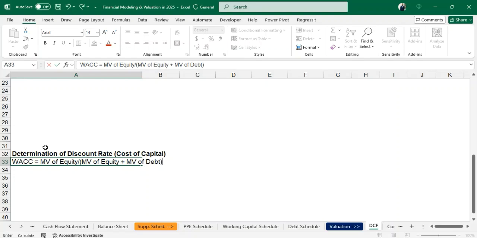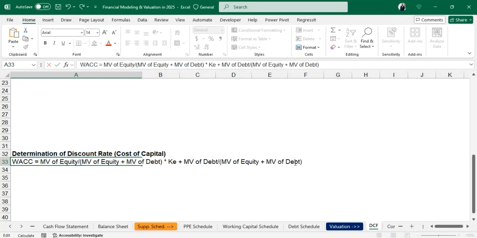I'll close my parentheses and multiply this by the cost of equity, which we usually denote in finance as KE. Then we are going to add that of our debt as well. So we'll have the market value of our debt divided by the sum of this. So I can copy this and paste it here.